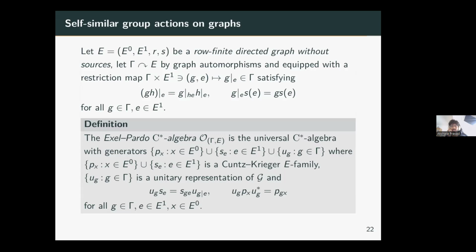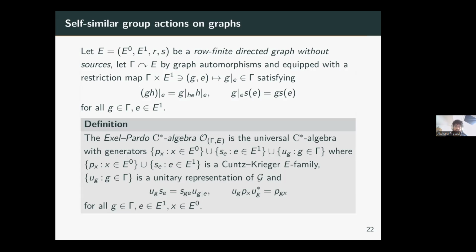So what's the Exel-Pardo C*-algebra? It's the universal C*-algebra generated by a bunch of elements. What are those elements? First of all, for every vertex in the graph you get a projection, you get partial isometries for the edges, and you get unitaries for the elements in the group. The isometries and projections need to be a Cuntz-Krieger family, which means they satisfy a similar condition as in the definition of a Cuntz algebra.